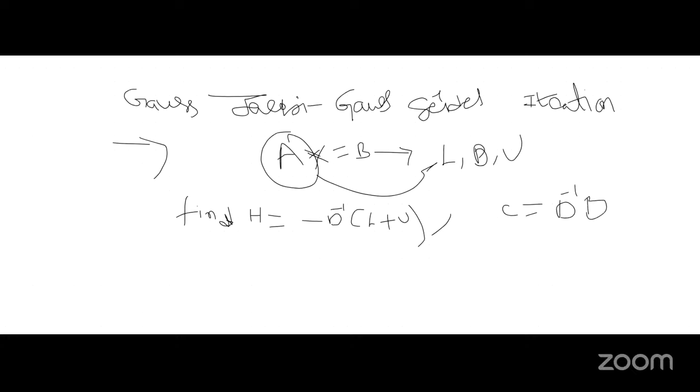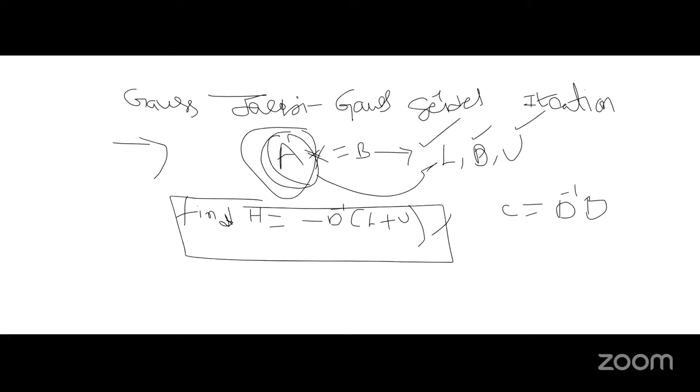From the matrix A, we need to find L, D, U. From there, you can find the matrix H. H is minus D inverse of L plus U and C equal to D inverse into B. From that, the iterations are x power of k plus 1, where k starts from 0, 1, 2, 3, and so on.